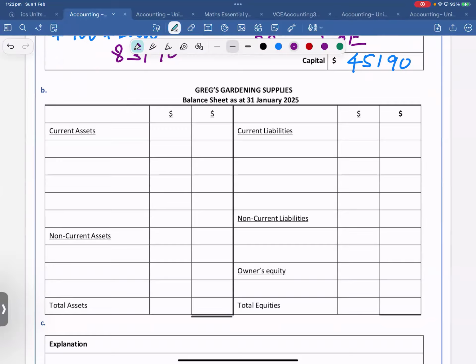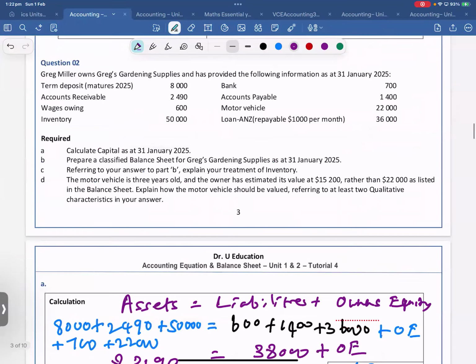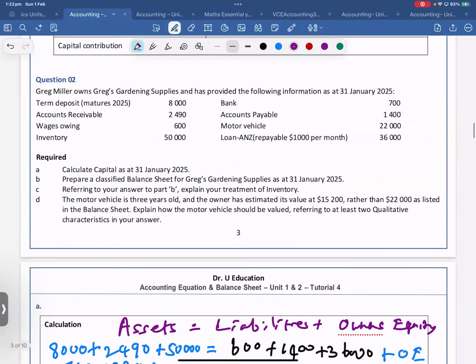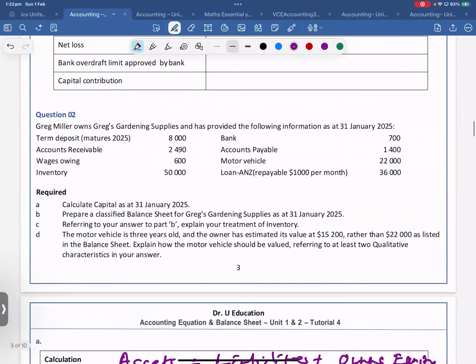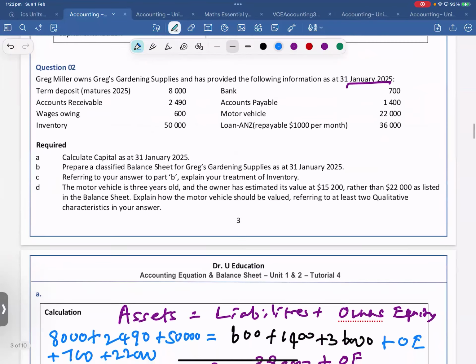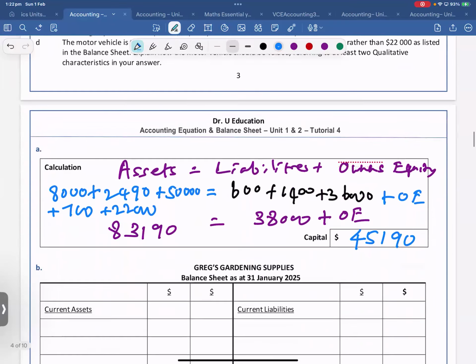So current assets will be, firstly, we'll go through one by one. Firstly, term deposit matures in 25, so is it current or non-current? Current, very good. Because why? We are in 31st January 2025 now, so it is going to mature in 25 itself.